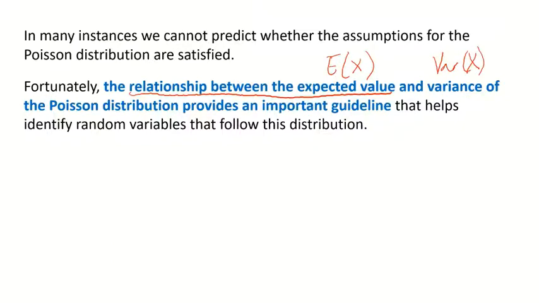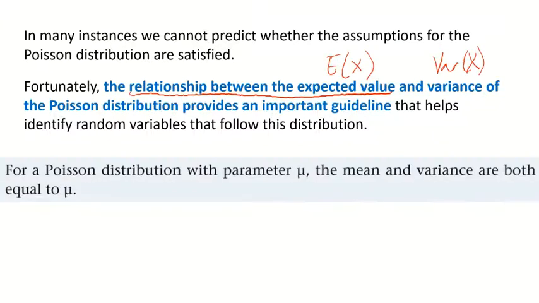So what do we mean by this? If the expected value is equal to the variance, or is approaching equality with the variance, then your discrete random variable follows a Poisson distribution.